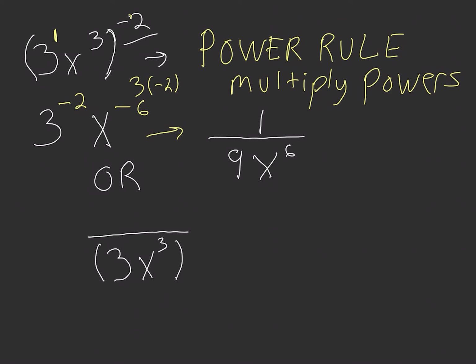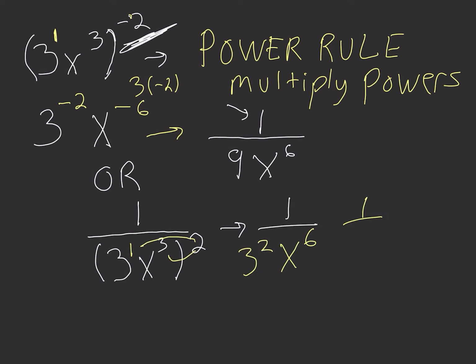Instead of a negative 2 power outside of it, I just brought that parentheses down, and I'll just make it a positive 2. And then, again, there's nothing left on top, so I'll just put a 1. So I'm going to end up the same way, and then I'm going to simplify it from there and square that parentheses. But the point is I can move the whole parentheses down like I just did, which was to negative 2, and just make it positive 2.